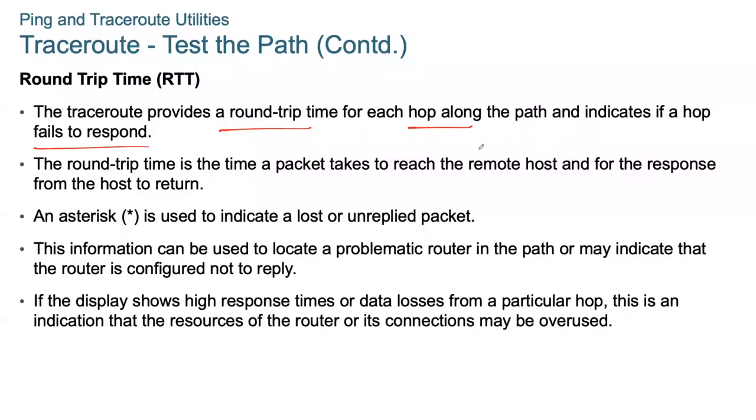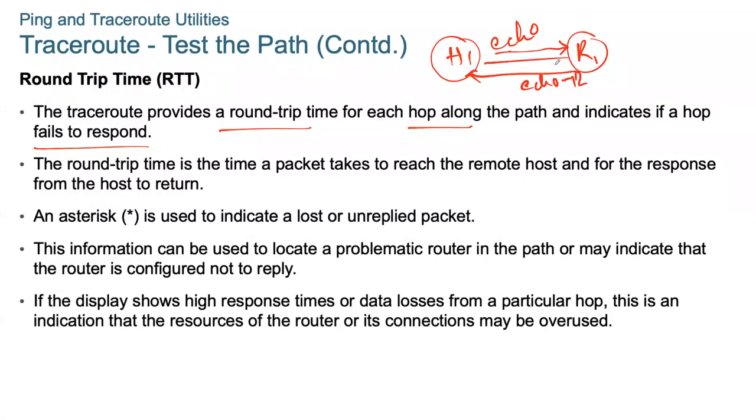Round trip time means, if host 1 sends an echo packet to your router 1, the time taken to travel from your H1 to your R1, plus the time taken to process this echo packet by your R1, plus the travel time of the echo reply from your R1 back to your H1 gives the round trip time. So this round trip time is the time a packet takes to reach the remote host and for the response from the host to return.